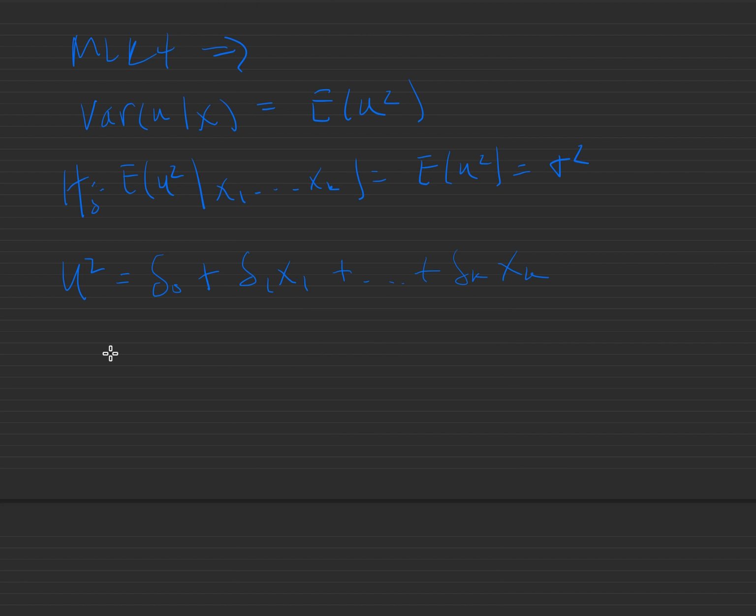The null hypothesis under homoskedasticity becomes delta 1 equals all the way through delta k equals 0, so that the errors are not a function of the x's.